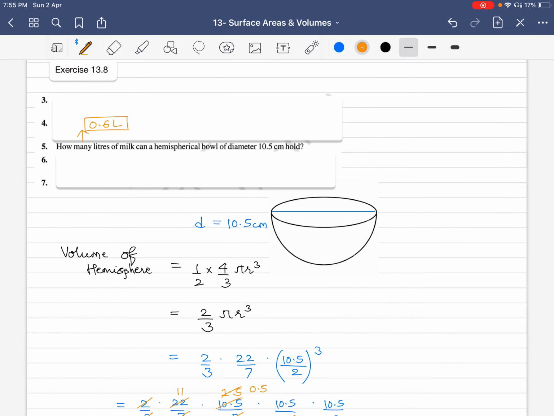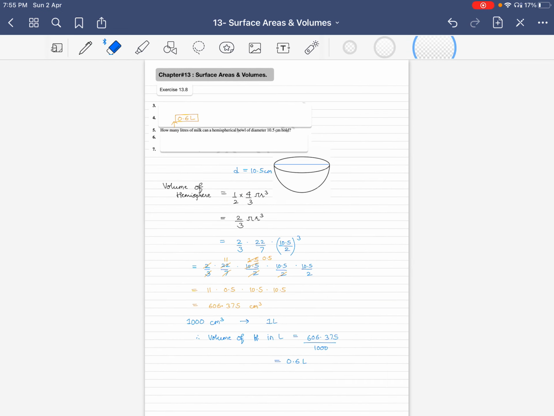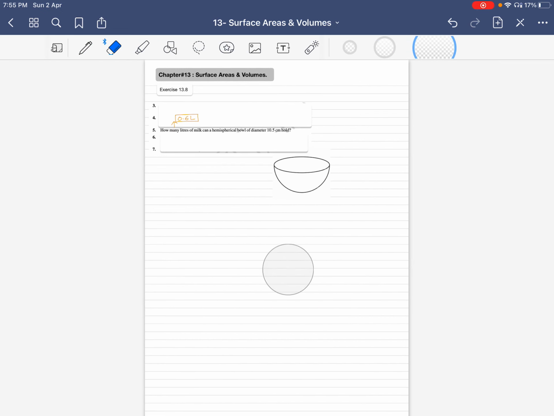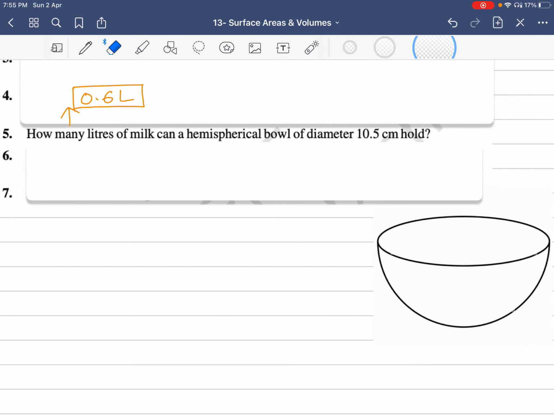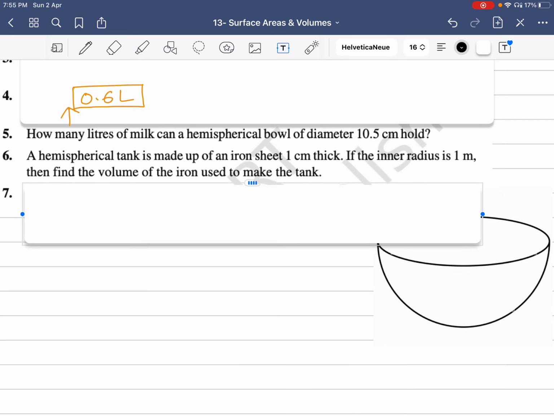But before we move on to the next question, let's erase this. Let's zoom in. It's another interesting question with respect to hemisphere. So let's get this down. Let's get rid of this.